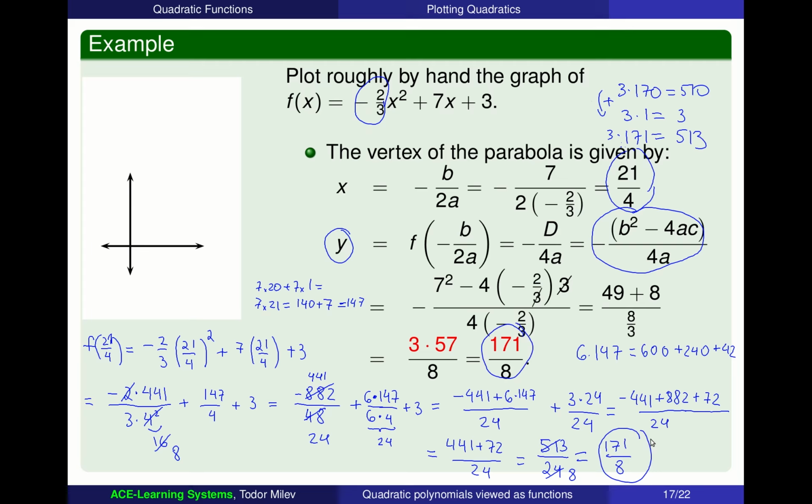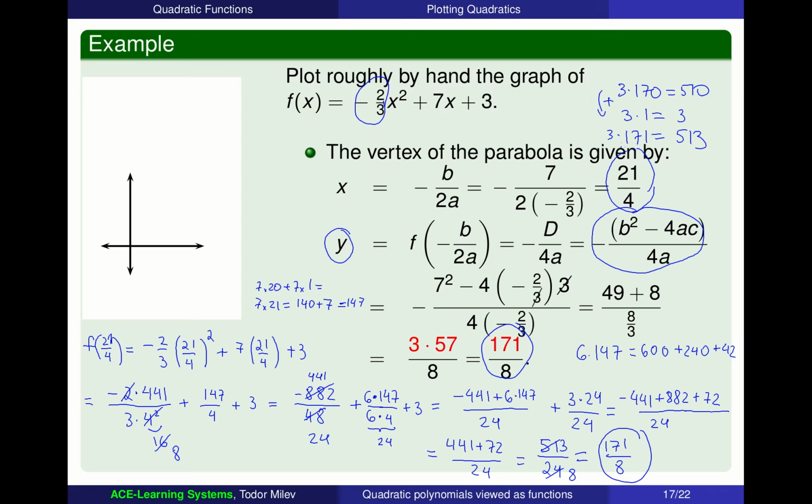Now you can see that these computations can be rather laborious. So of course, for the practical purpose of doing this on an exam, you want to use a calculator if you have one available. So you'll be doing these computations when you do not have a calculator on you and you're being asked to plot that function.